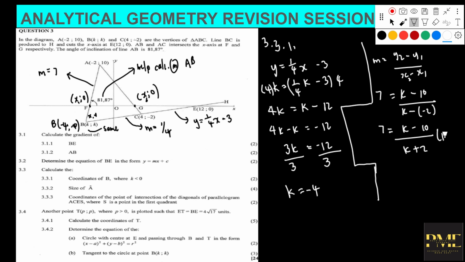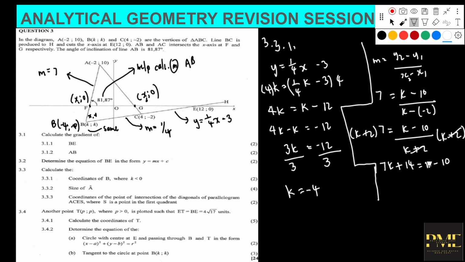So times K plus 2 here, times K plus 2 there. So K plus 2 and K plus 2 will cancel, and we remain with the 7 multiplied by K, which is 7K, and 7 multiplied by 2, which is 14, which is going to be equal to K minus 10.